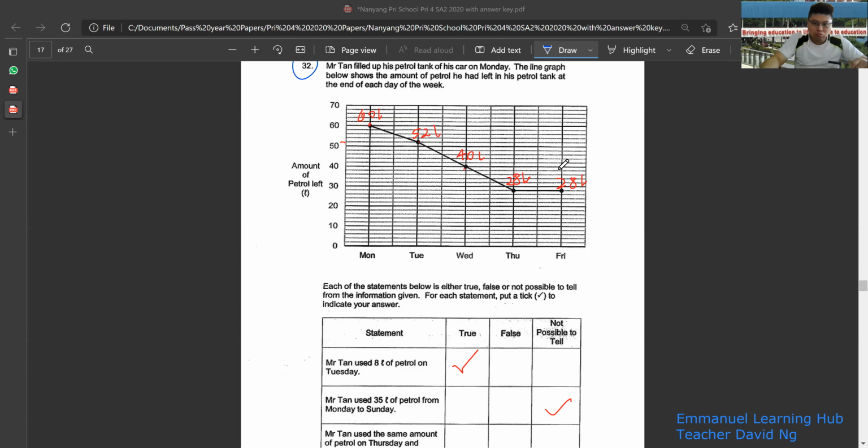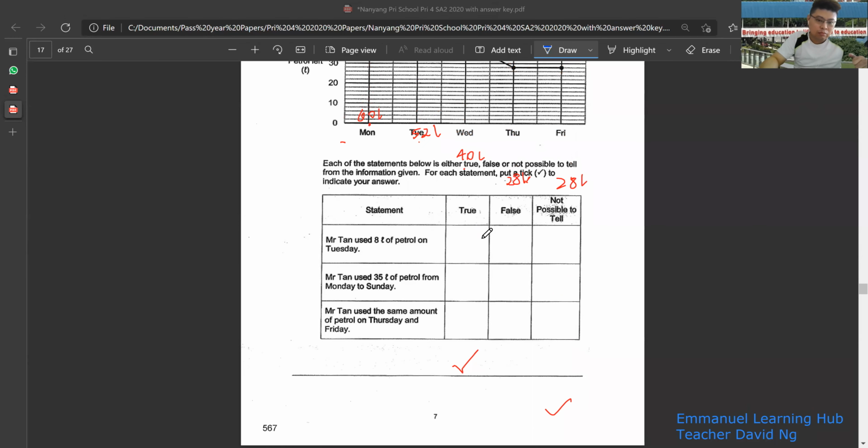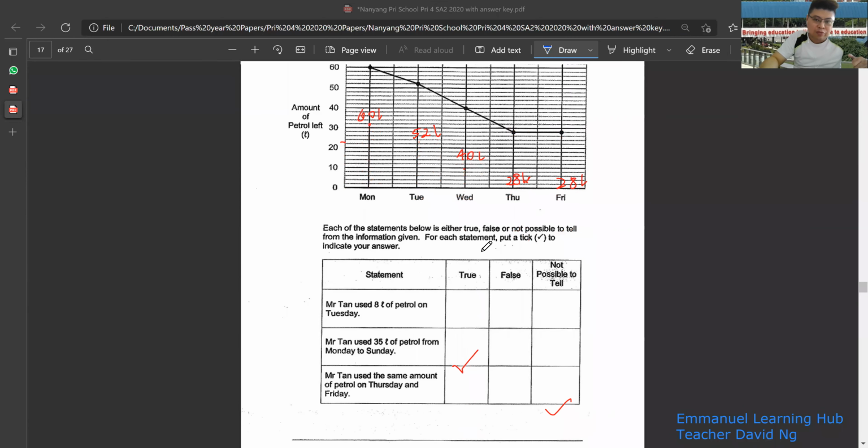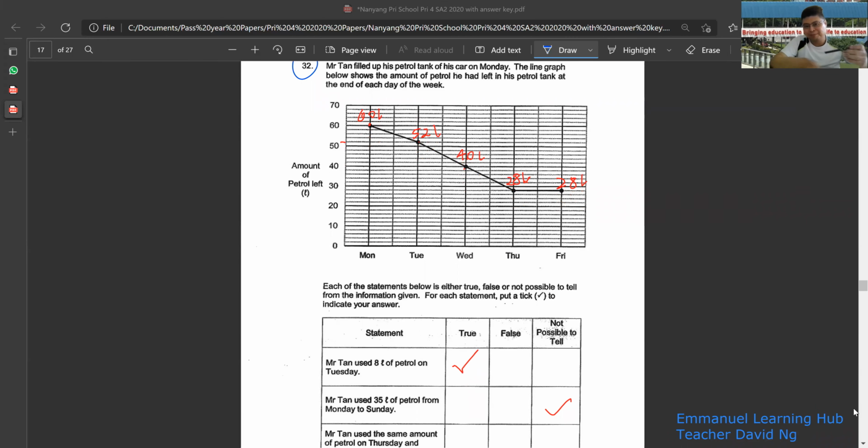It's false because he didn't use any petrol. You understand the logic? He didn't use any petrol. That's why the amount of petrol left in the tank is the same. You understand?